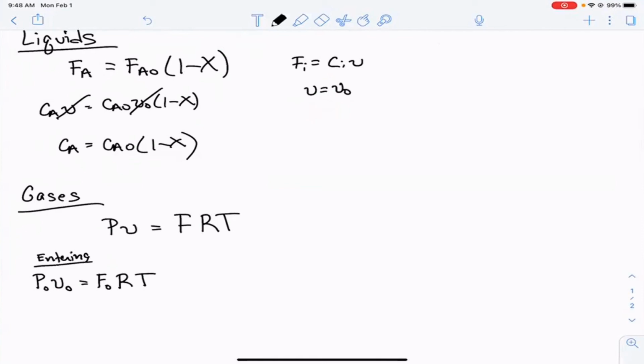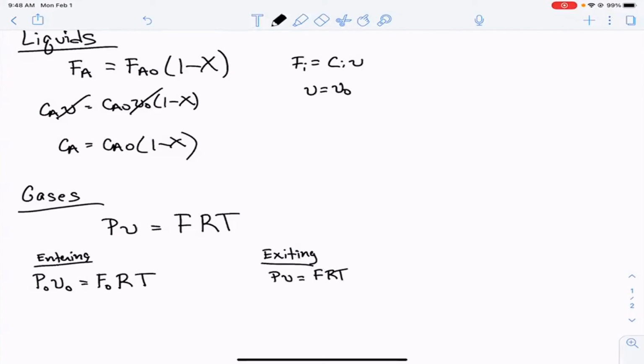Okay. And now we're going to say what happens at the end. Well, we're not going to assume that these adjustable parameters are the same. We're going to say, well, fine, PV, right? Both of those things could plausibly change, equals F times RT, which of course is exactly what I just wrote above.